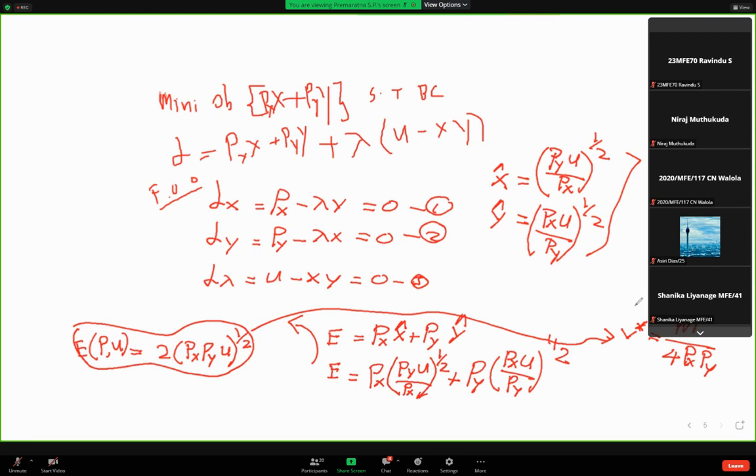Do you have any clarification, any questions, anything? So what I did here today: derive the minimum value expenditure function and the maximum value utility function, or indirect utility function. Then by Roy's identity we derived the Marshallian demand function, and by Shephard's lemma we derived the Hicksian or compensated demand function.